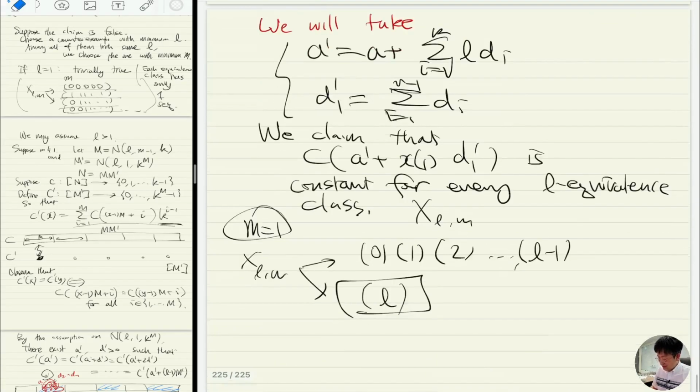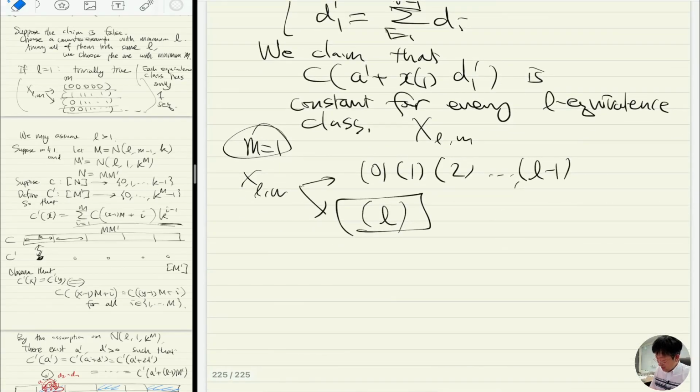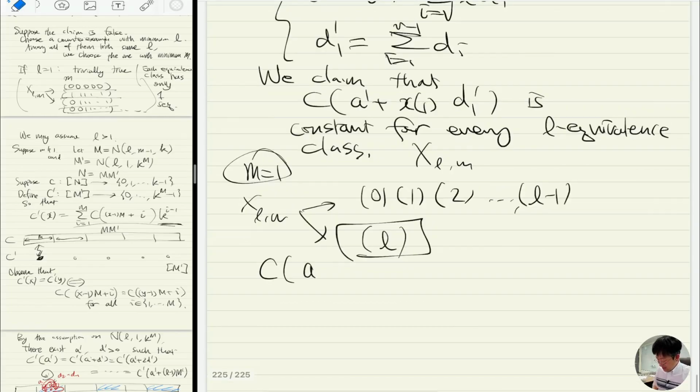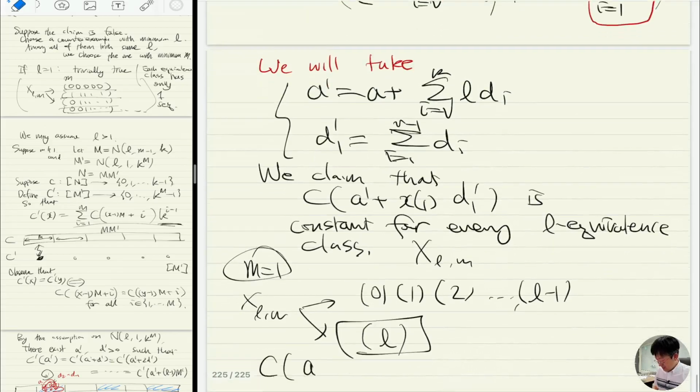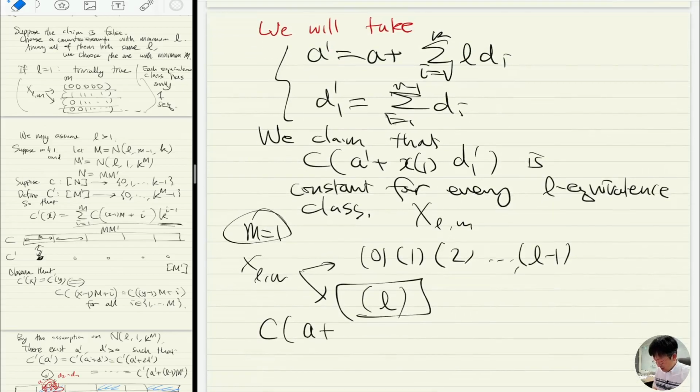So what I mean is we look at the colors of the following things: C of A plus, A plus, and then in the zero case what we have is, okay, here's the L minus 1.